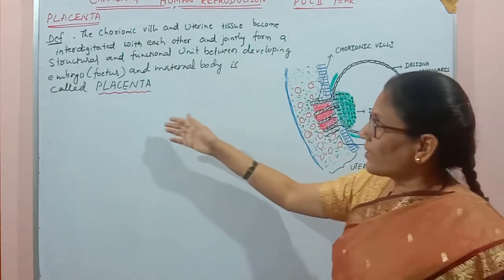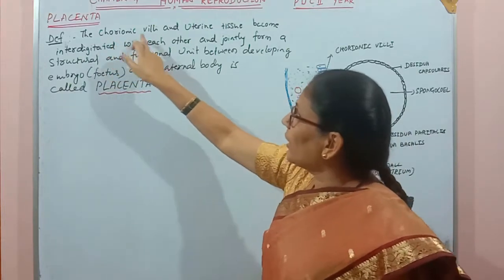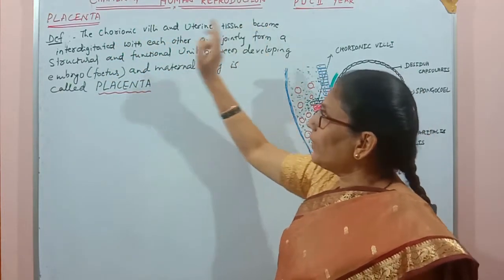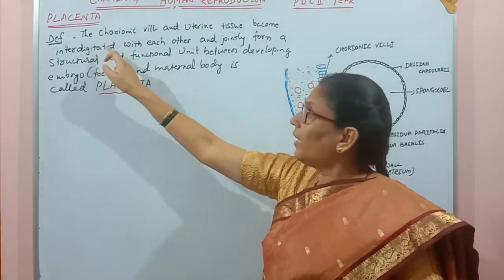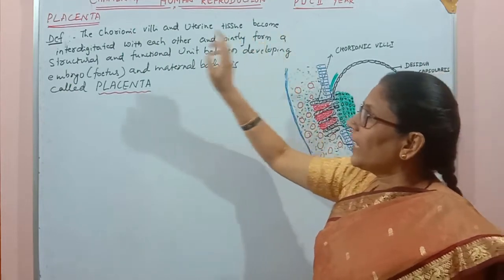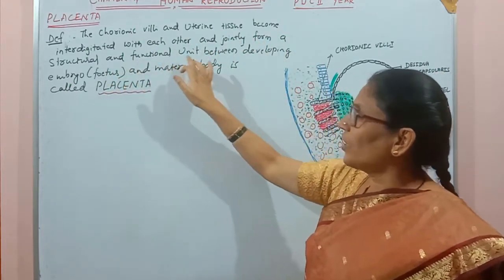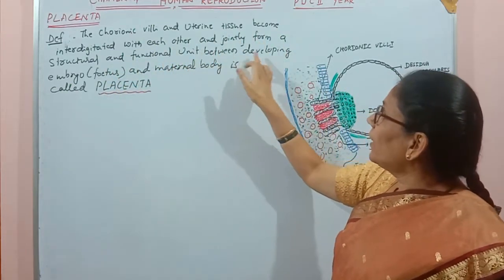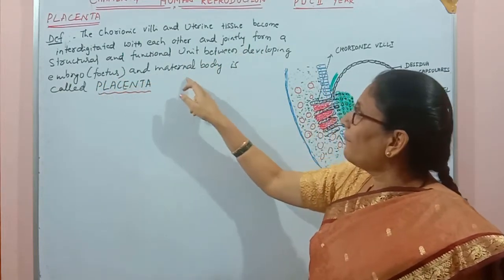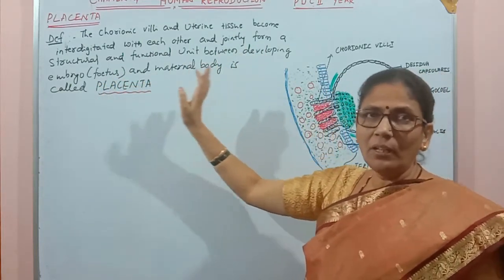We may define placenta as the chorionic villi and uterine tissue become interdigitated with each other and jointly form a structural and functional unit between the developing embryo or fetus and the maternal body, which is called placenta.